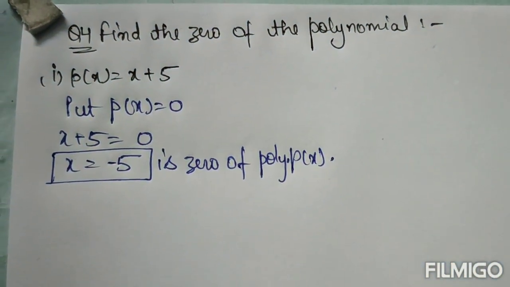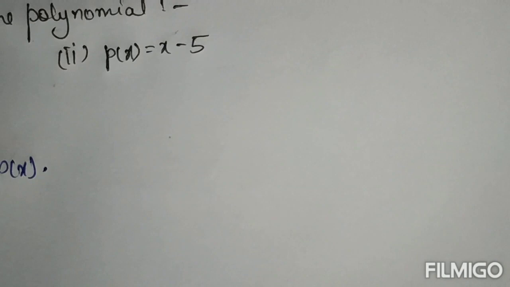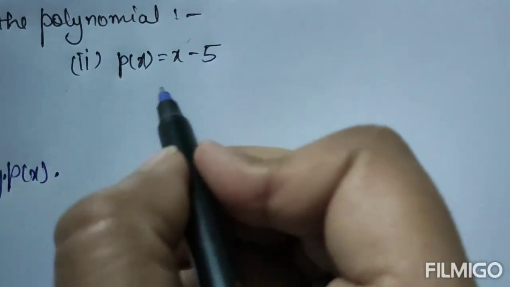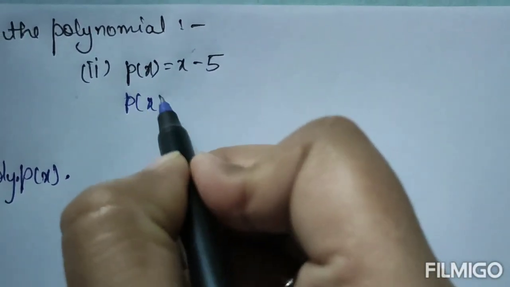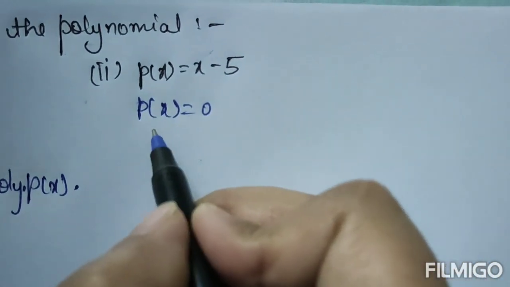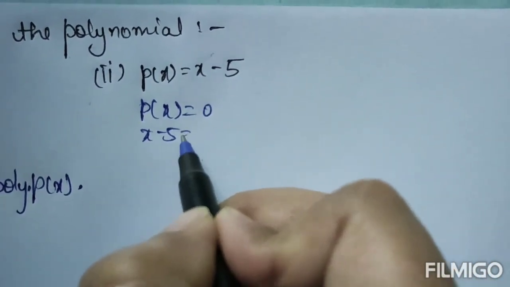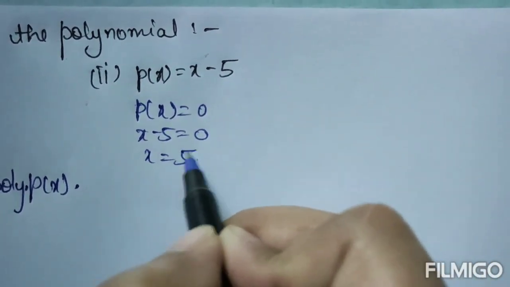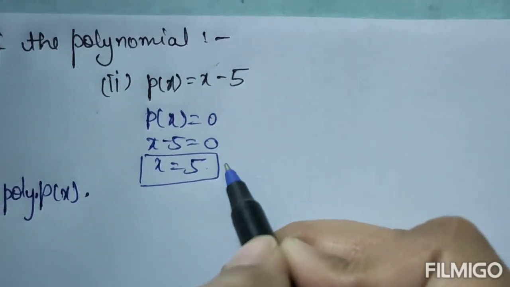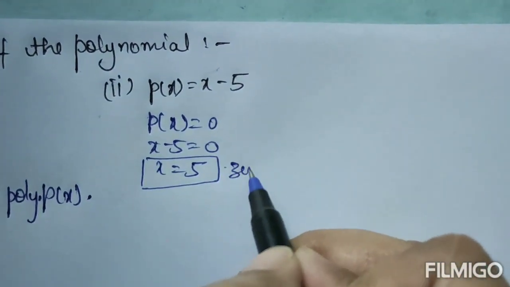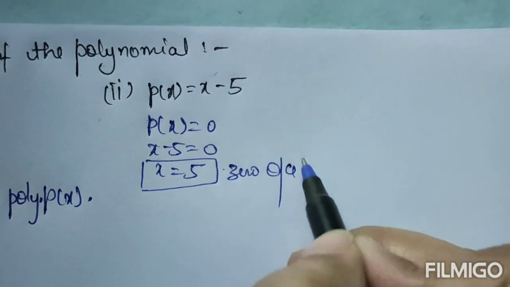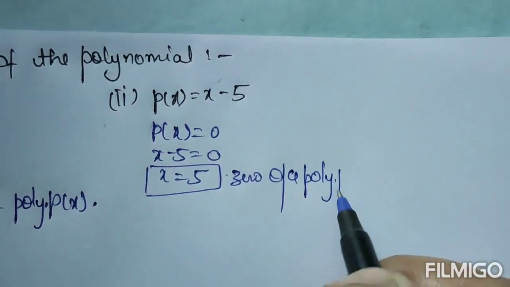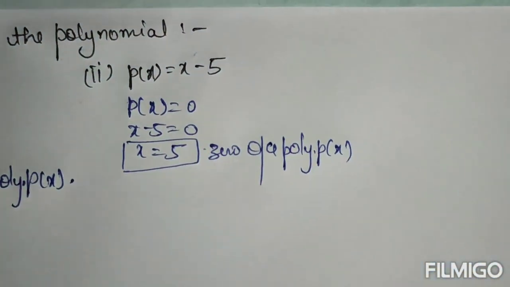This is how you have to solve it. Next part, put again px equal to 0 and it will be x minus 5 equal to 0, x equal to 5. It is a 0 of a polynomial px. Clear?